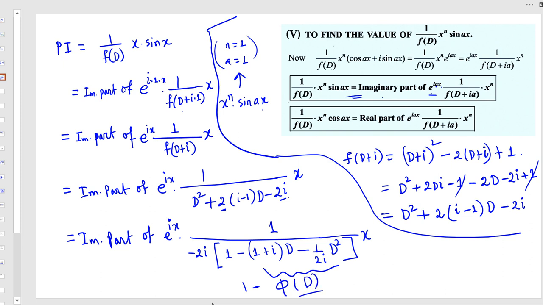So this is a function of d, and you will take this outside on the numerator. Consider it as phi of t, because we want to make it of this form.